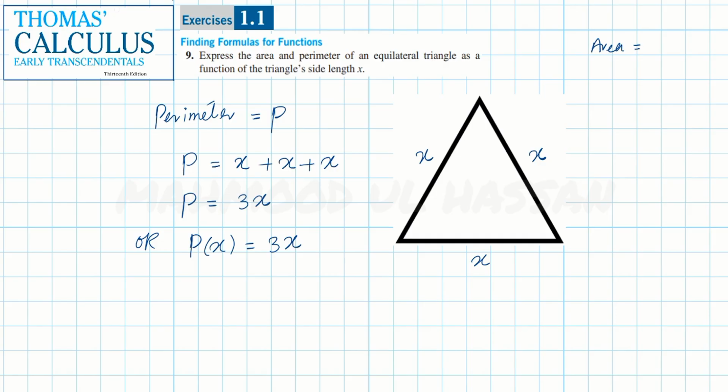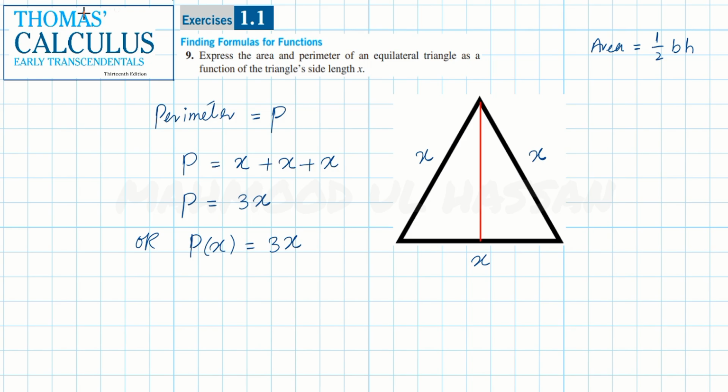The area of a triangle is 1 upon 2 times base times the height. Okay, so now what's the height of this equilateral triangle? Let me draw the altitude here. This one.